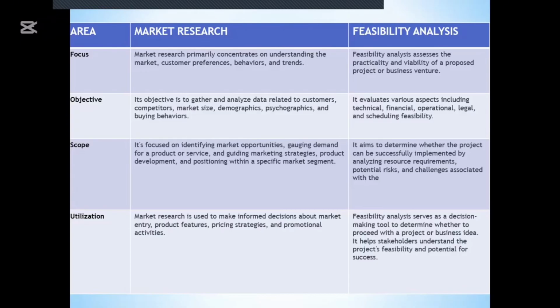So in this case, we are looking at the ability of the business itself to operate compared to the market itself. In terms of scope, market research looks at identifying market opportunities, such as demand, marketing strategies, and product development. Whereas feasibility analysis looks at analyzing the resource requirements to get that business off the ground, in addition to the potential risks or challenges.